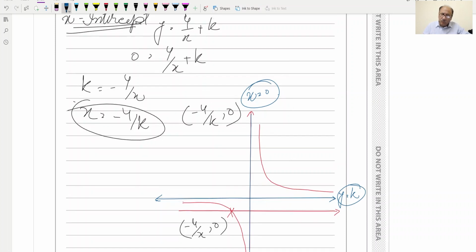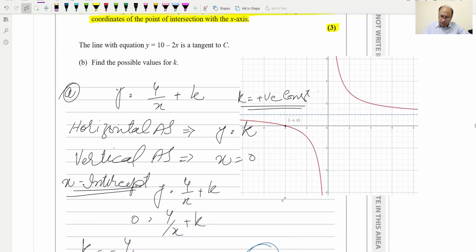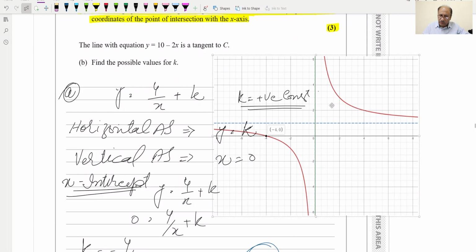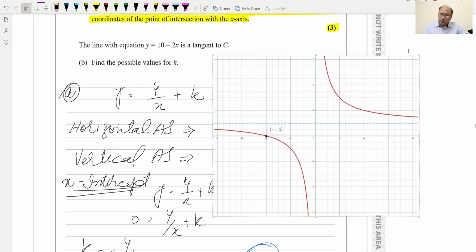Basically, this is the graph which I have plotted, and you can see this is the reciprocal graph, with y is equal to 1 as the horizontal asymptote.